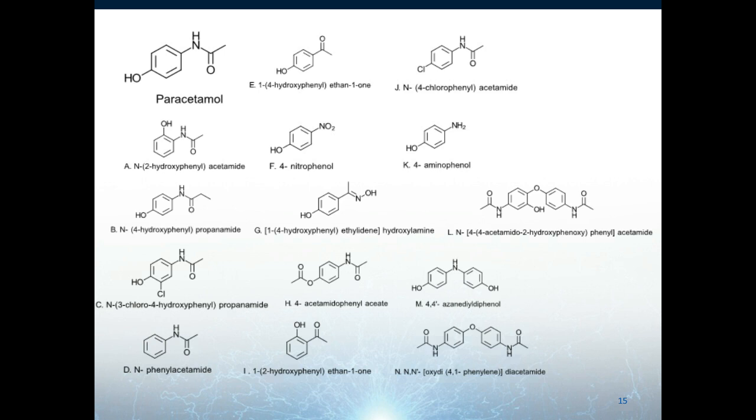So depending on your separation needs, you could select either the Halo C30 or the Halo PFP for this particular analysis. I also want to point out that these separations were conducted at subambient temperatures, so we used 10 degrees in order to get the best resolution.